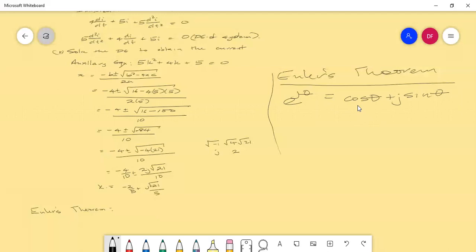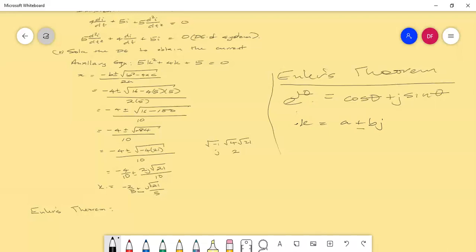Same thing. When you say e to the i pi, you're replacing the i with the j, and the theta is now pi. But e to the j theta is cos theta plus j sin theta. Now, why I bring up that is that suppose your solution k is equal to a plus or minus bj.